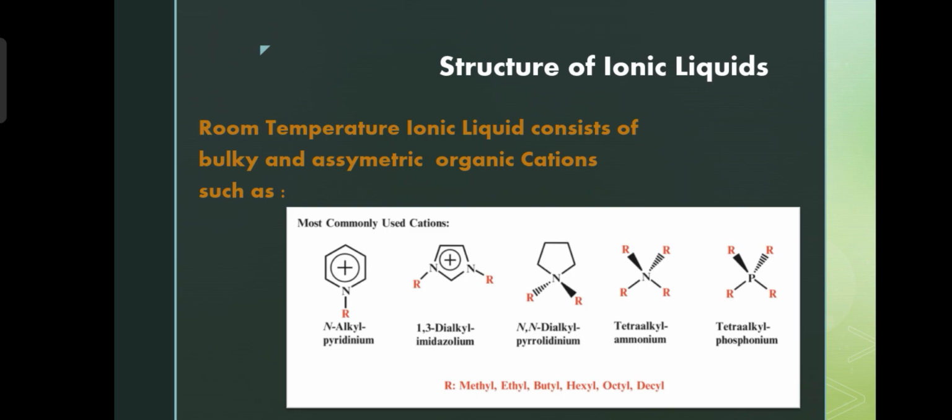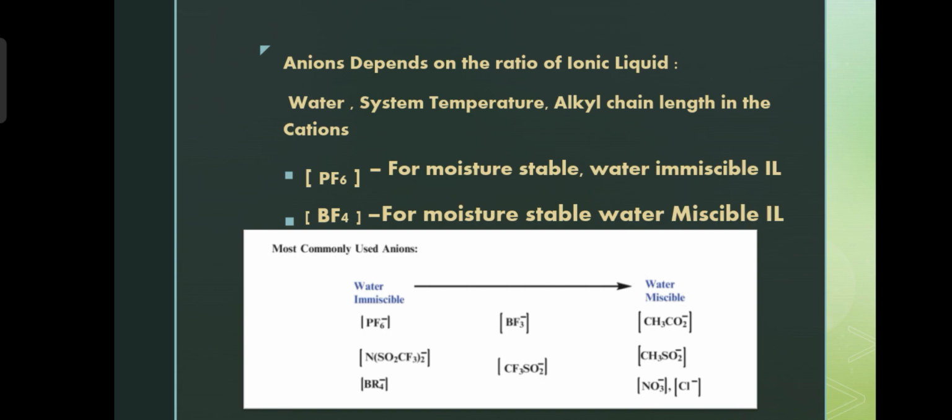You can see the pyridinium cation, dialkyl imidazolium, and alkyl pyrrolidinium, etc. And the anion depends on the ratio of ionic liquid, water, system temperature, and alkyl chain length in the cation. So by choosing the cation we can modify our anion also.